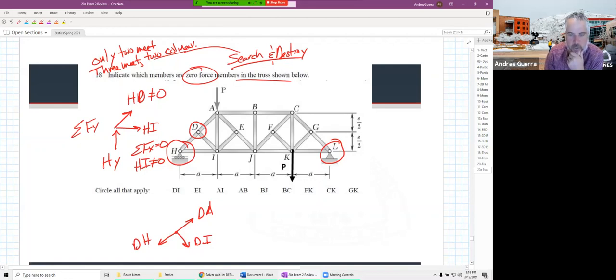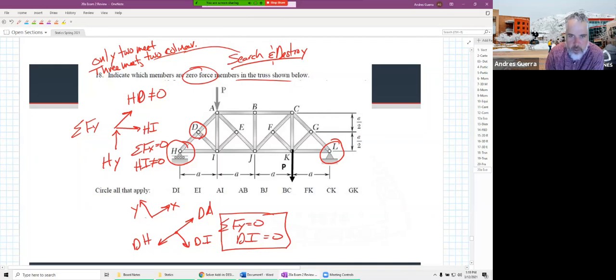If I incline my axes, because I've got everything on the incline, and sum forces in the Y direction, I'm going to find that DI is equal to 0. I'm getting an explicit equation that's telling me that DI is equal to 0.